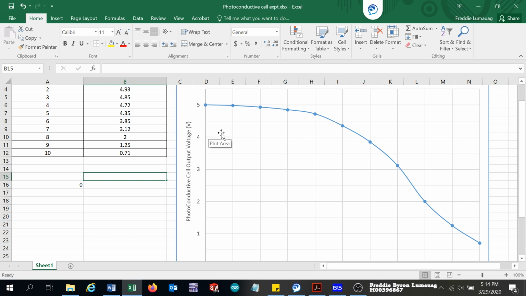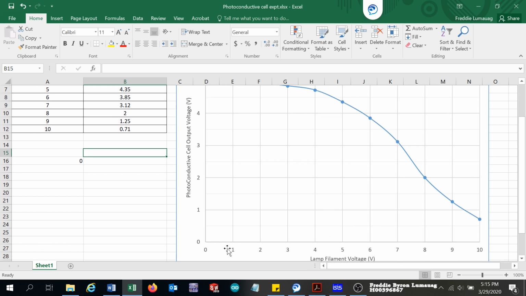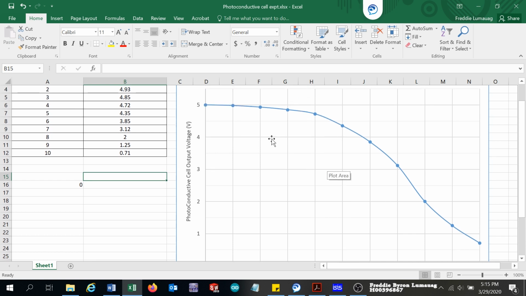So as the intensity of the lamp is increasing, the resistance decreases, and therefore if the resistance decreases, the voltage across will also decrease.